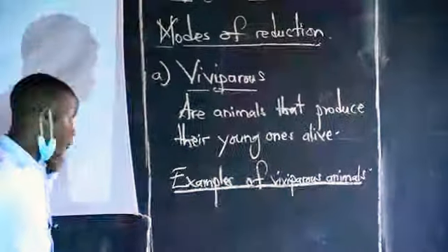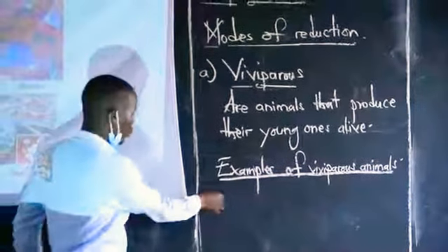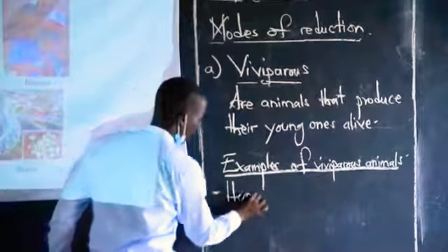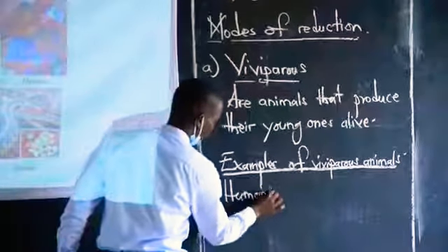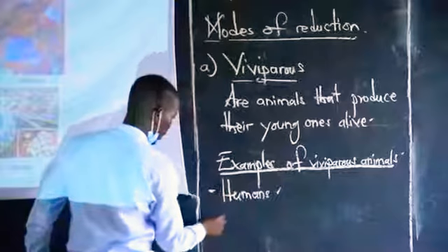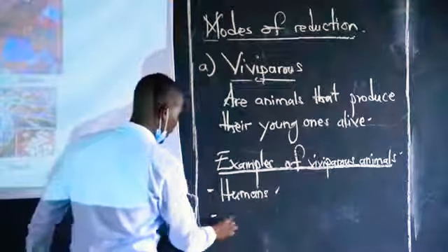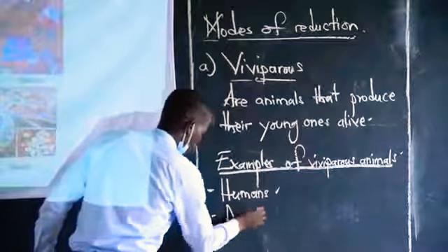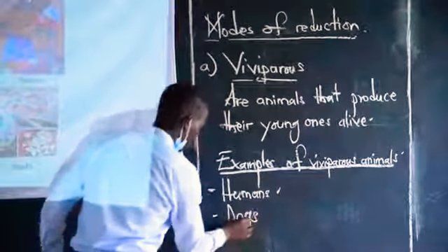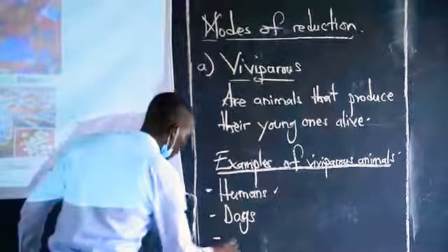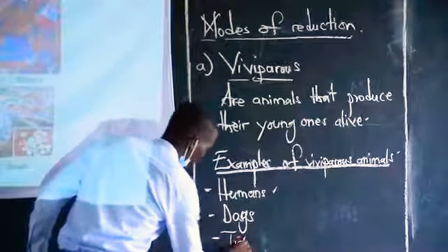Yes, so from the animals we had there, we can say that we have humans. This is a very important example. Still, we have seen animals like dogs. We can look at the tiger.